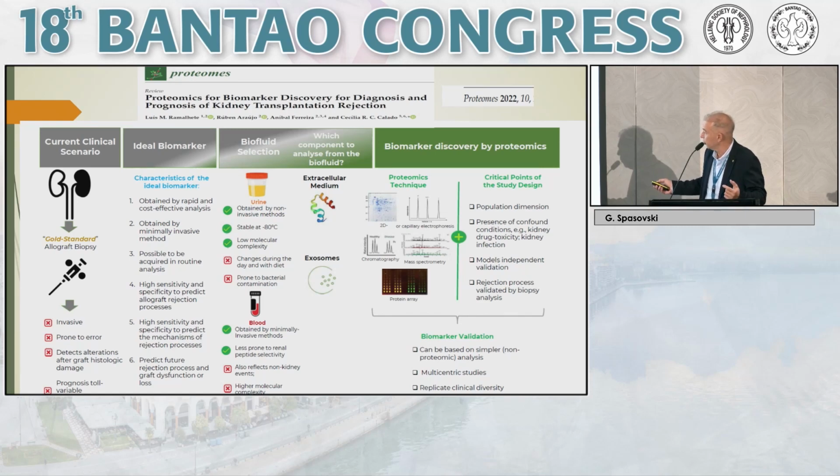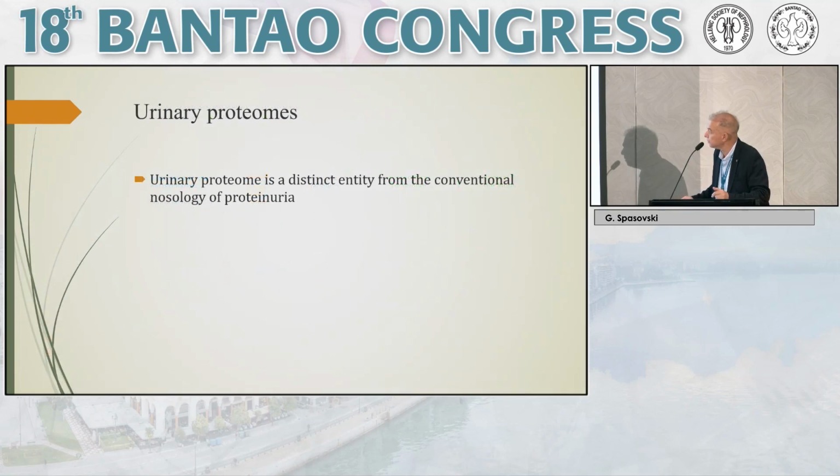The rejection process itself should be validated or compared against the gold standard, the biopsy of the graft. When we then get the real marker, we can implement it into clinical practice without this biopsy. So the idea would be not to always have a biopsy of the graft. And validation in other setups and other studies, to replicate the clinical diversity, is of course needed.